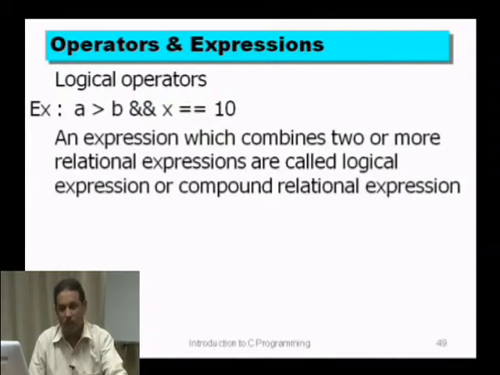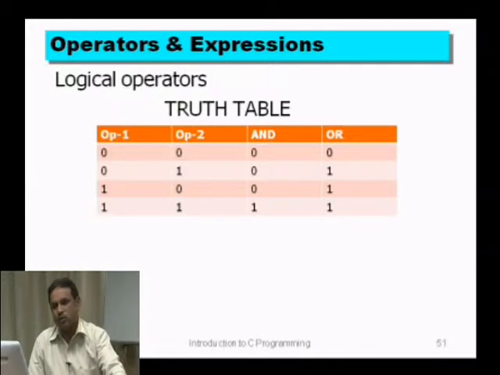You can see the truth table of the logical operators. Suppose operand 1 and operand 2 are both 0, then the output will be 0. If one operand is 0 and the second is 1, the output is 0. If the first is 1 and the second is 0, the output is 0.